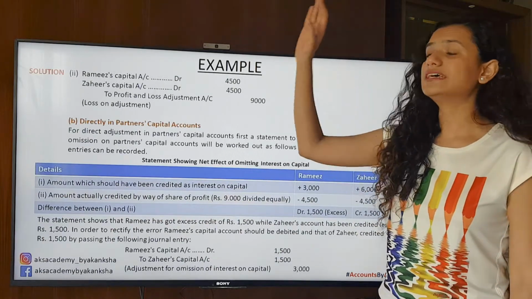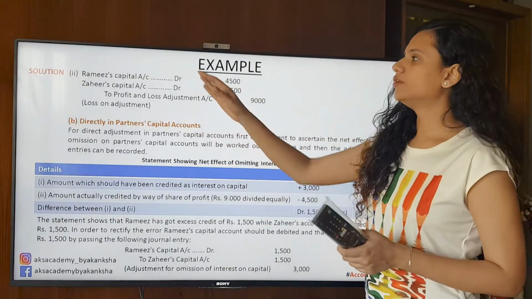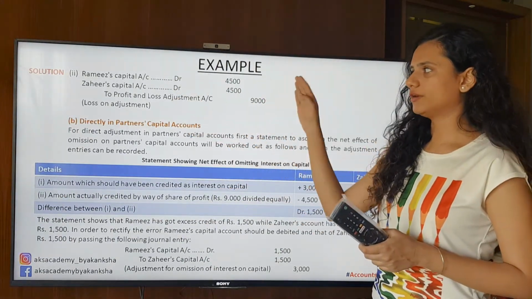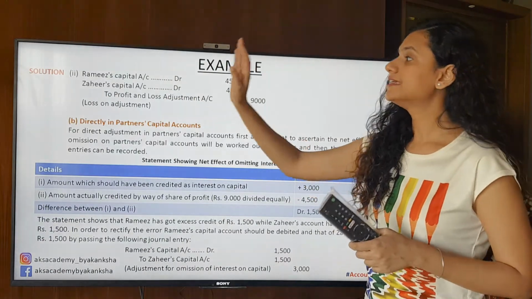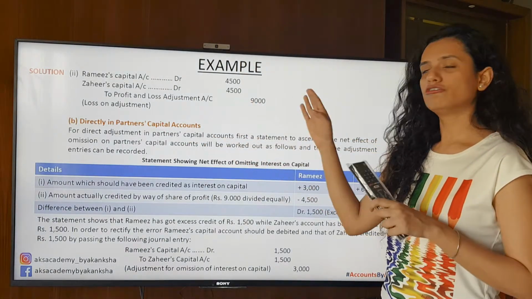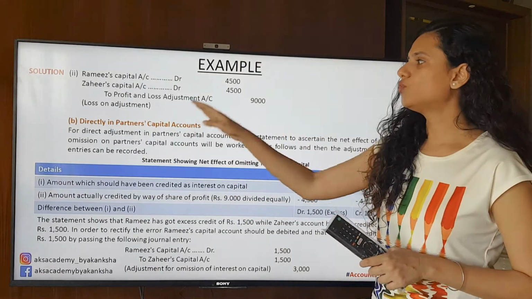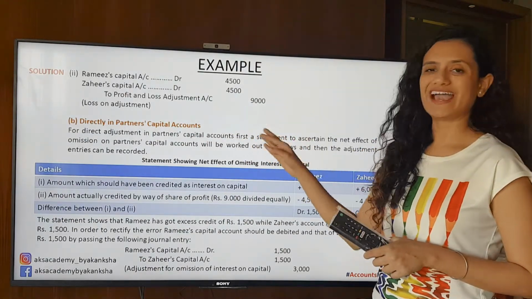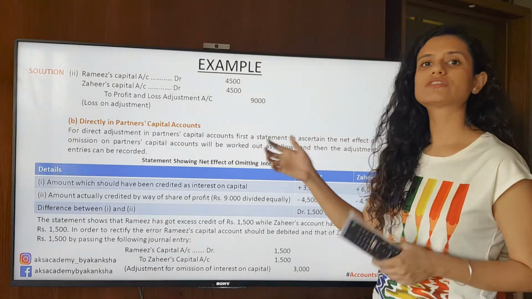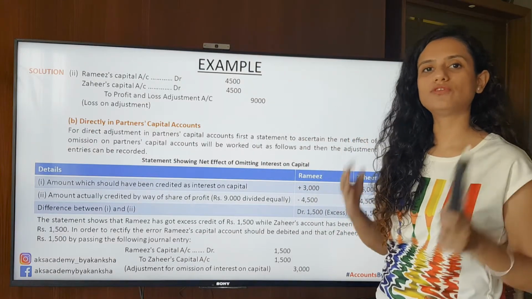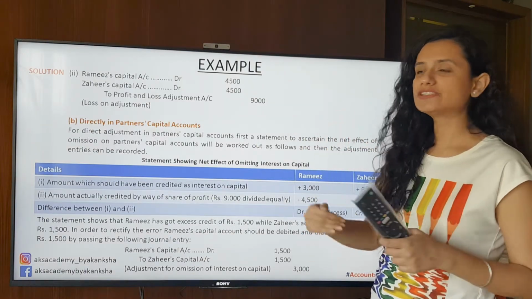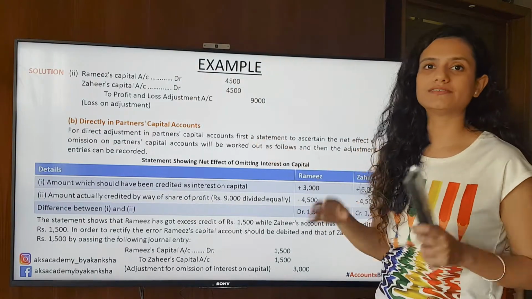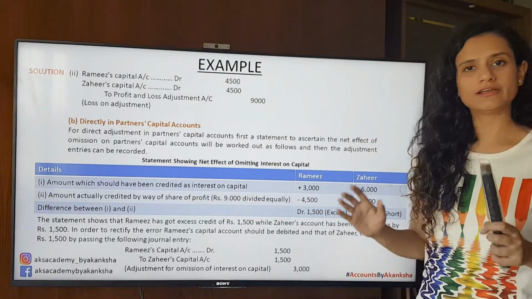So the next entry would be Ramiz's capital account debit 4,500, Zahir's capital account debit 4,500, to profit and loss adjustment account 9,000, because this 9,000 is now a share of loss or a share that needs to be distributed amongst the partners in their profit sharing ratio.